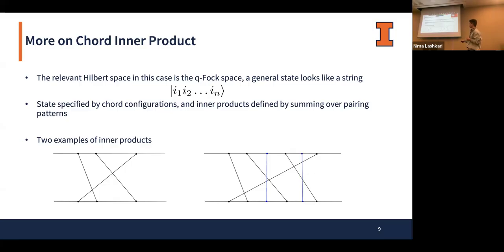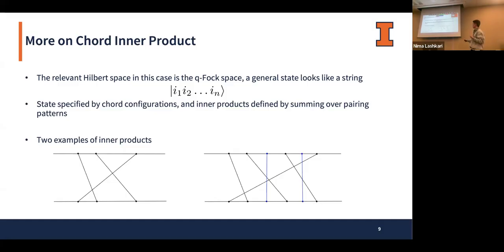You just put 1 state here and 1 state here, and you consider all possible pairing patterns between them like this. Again, we follow the rule that gravity can only be paired up with gravity, and matter has to be paired up with matter.